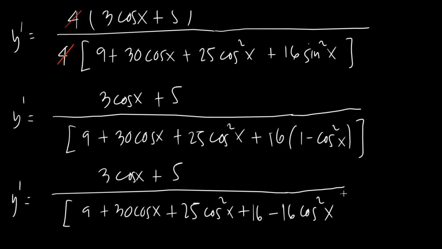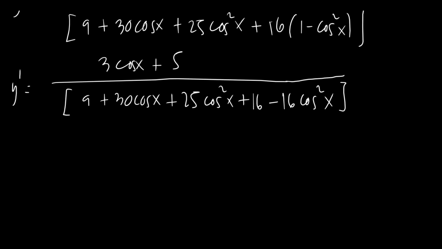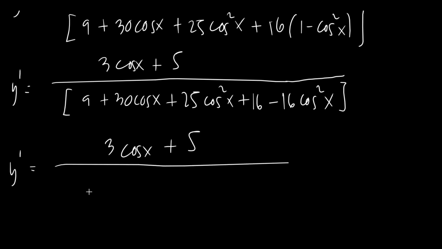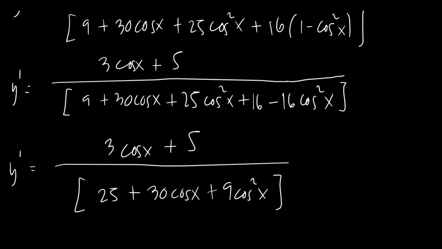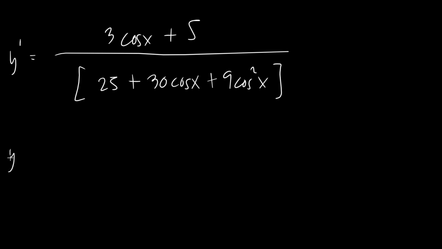So we use the identity to uniform cosine x in the denominator. So y prime is equal to 3 cosine of x plus 5 all over 9 plus 16, which is just equal to 25, plus 30 cosine of x. So 25 cosine squared x minus 16 cosine squared x is just equal to 9 cosine squared x. So we just copy the numerator, 3 cosine x.